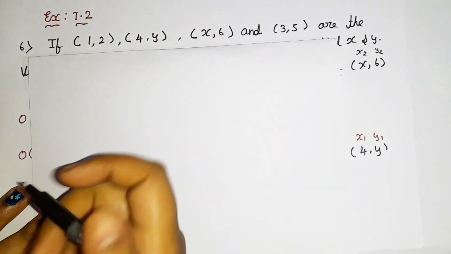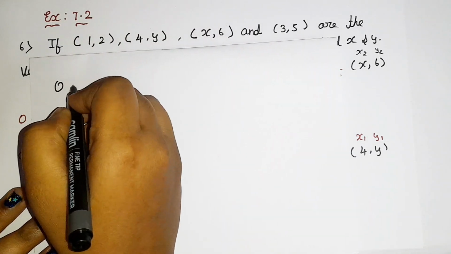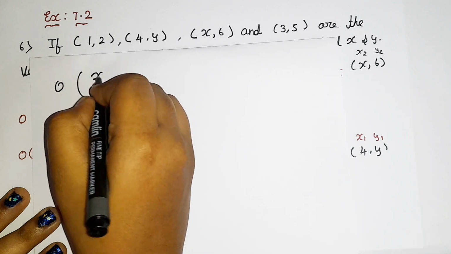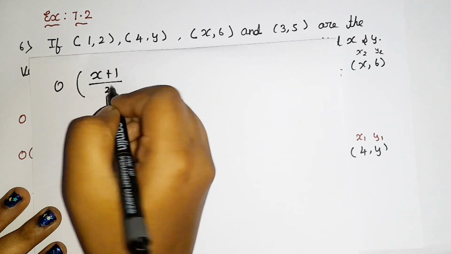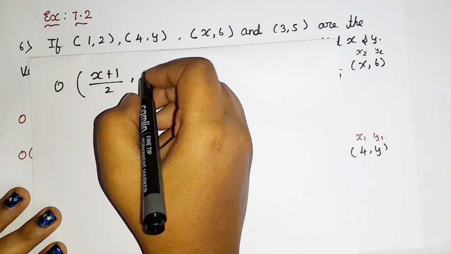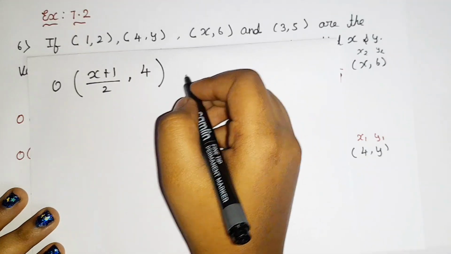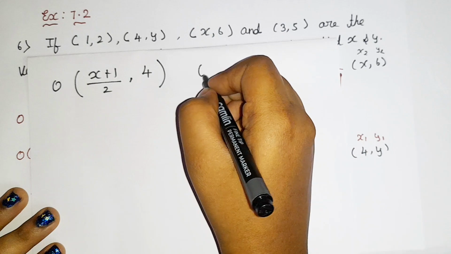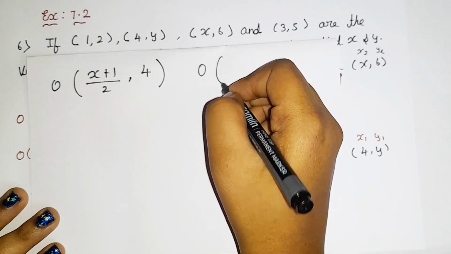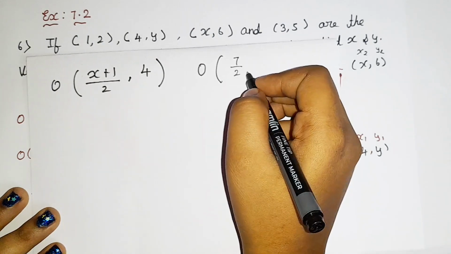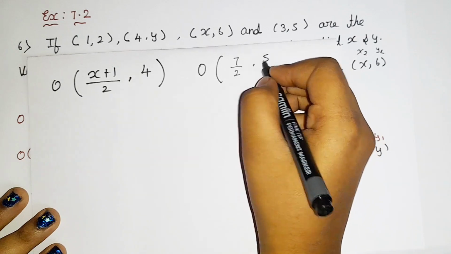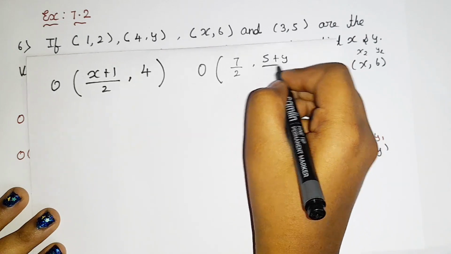Equation number 1 is O (x plus 1) divided by 2 comma 4, and equation number 2 is O 7 divided by 2 comma (5 plus y) divided by 2.